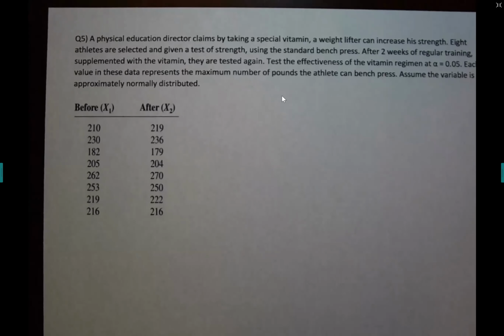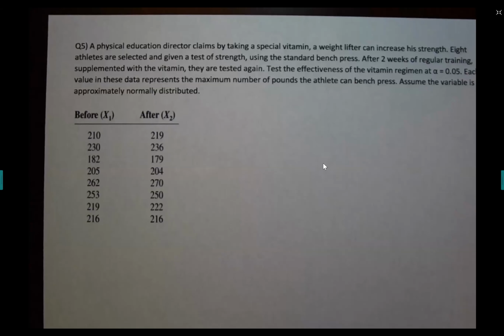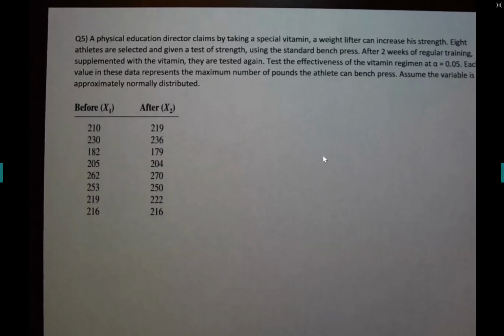A physical education director claims that by taking a special vitamin, a weightlifter can increase his strength. So a weightlifter, if they take a special vitamin, they claim that they can increase their strength. Eight athletes are selected and given a test of strength using a standard bench press.